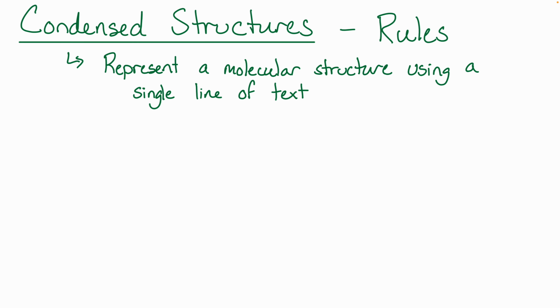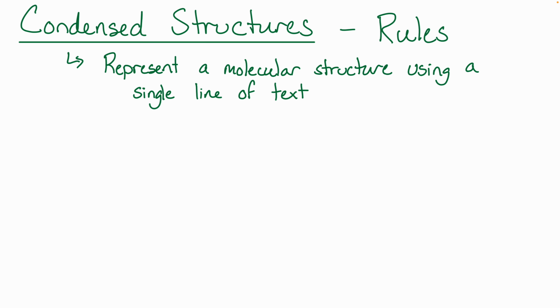Okay, and so these things are most important for computers and textbooks and databases, things where we need to convey the structure of a molecule, but all we can do is type it out in one line, right? You can't draw a Lewis structure in your computer without some sort of fancy program. But using just a Word document, you can do the condensed structure of that molecule.